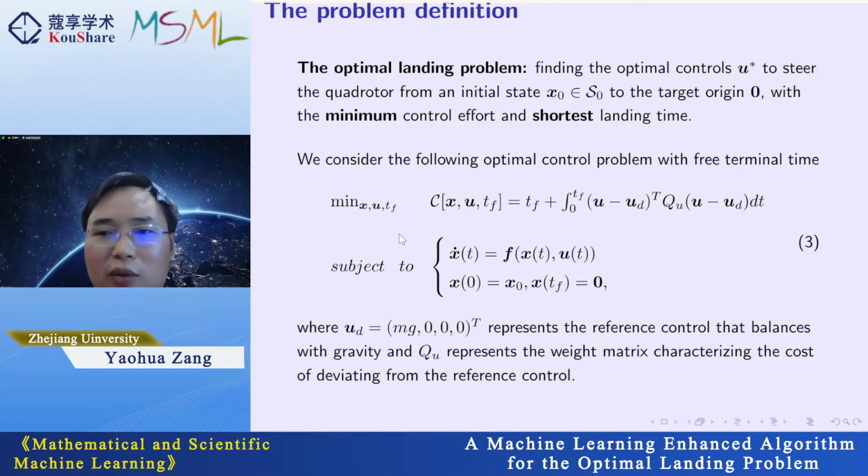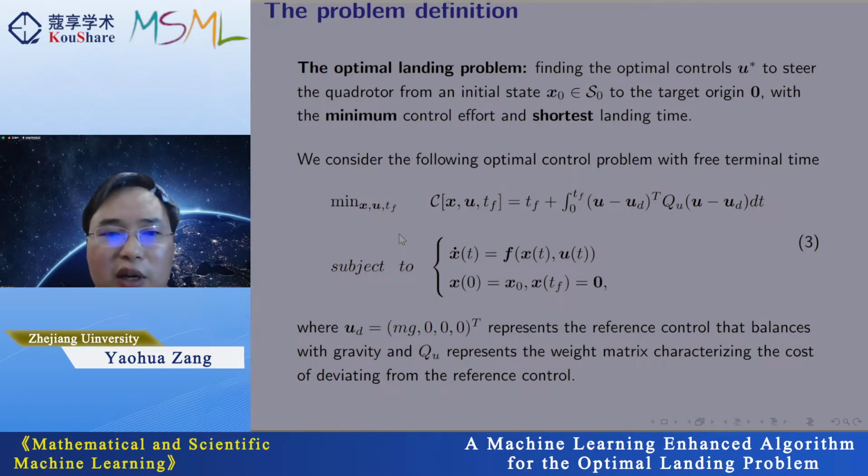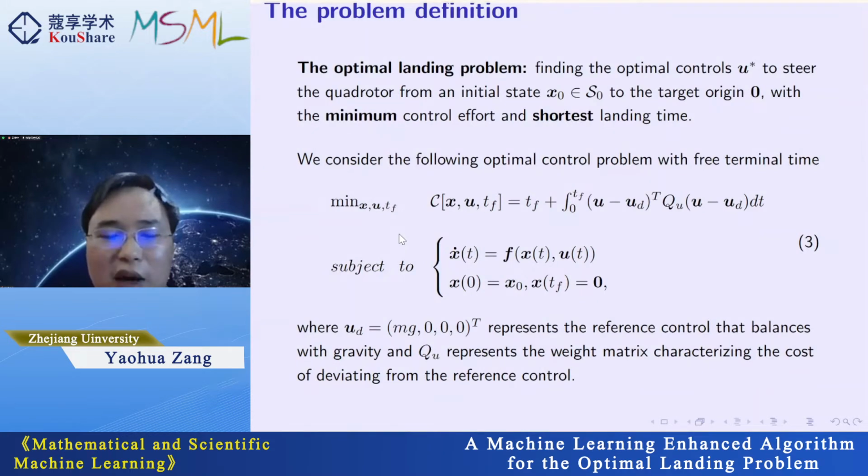In this problem, we are going to minimize a cost function, objective function C, with respect to the dynamics of the core rotor. The objective function C is a function of the state x, the control u, and the optimal landing time Tf. It has 2 parts.